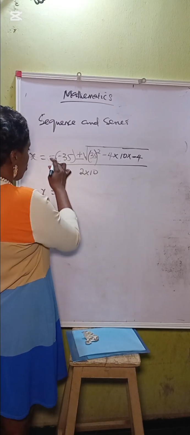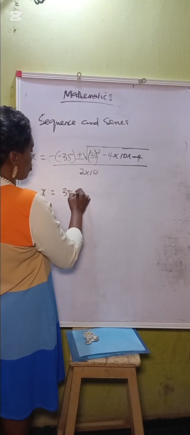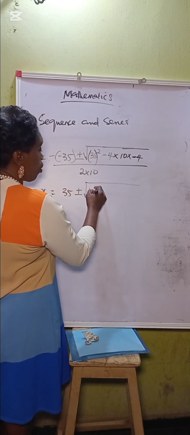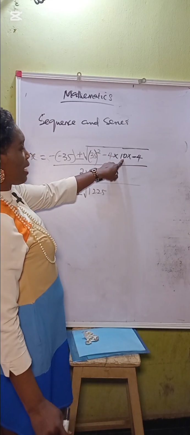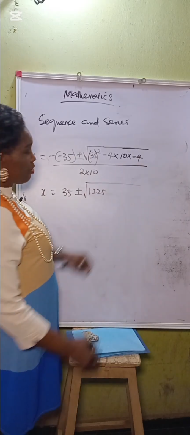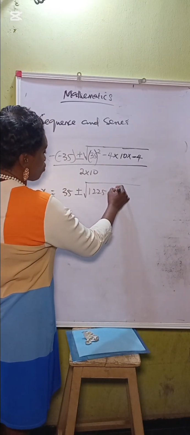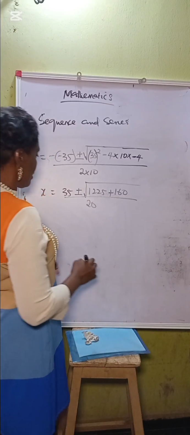So x is equal to, minus into minus gives plus, 35 plus or minus root 1225. Minus 4 times 10 gives minus 40, times minus 4 gives plus 160, all over 2 times 10, which is 20.